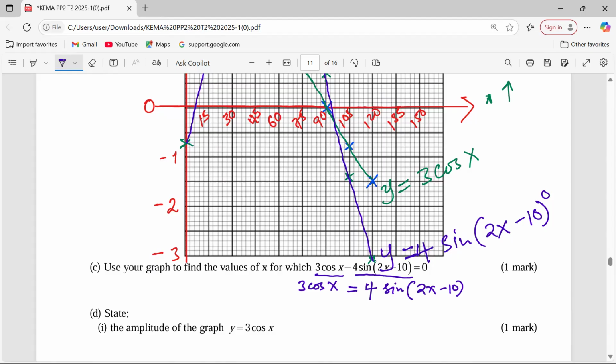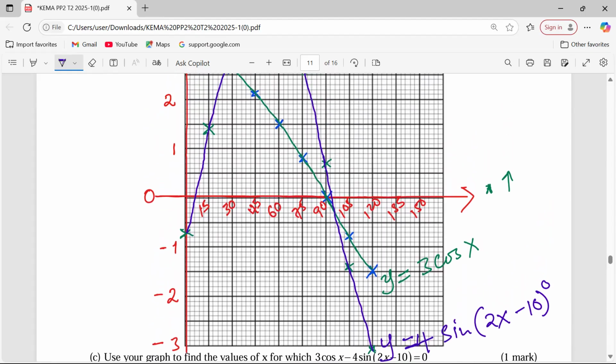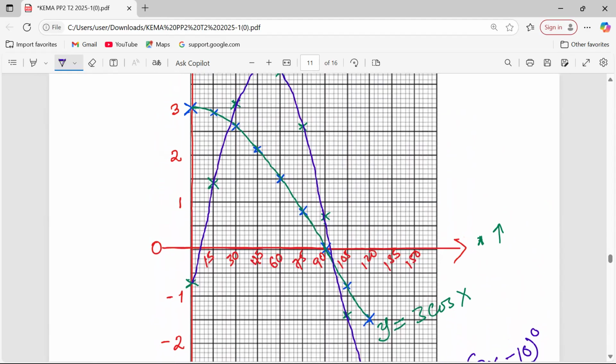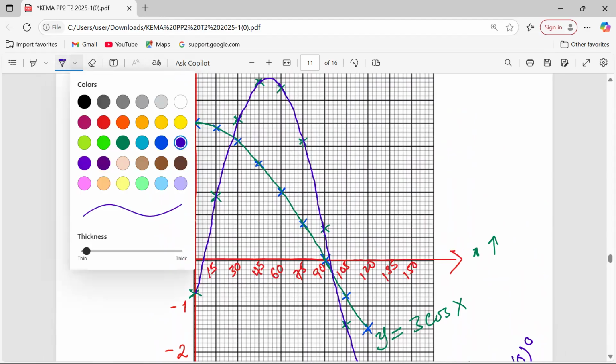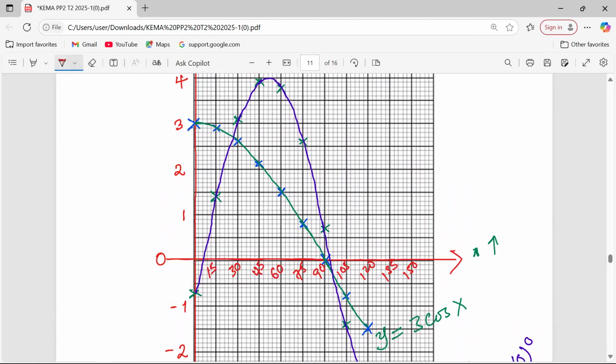So I can have the first intersection. Let me check the first intersection. You can see the first intersection, and I want to check the value of x at that point of intersection. We know that 5 small squares are representing 15 degrees.